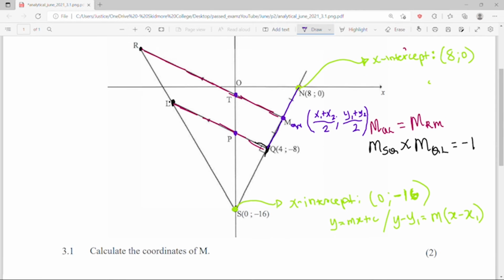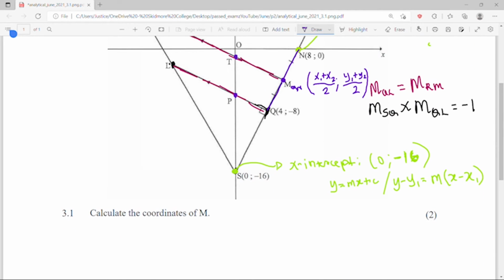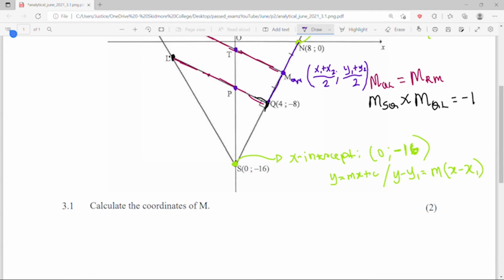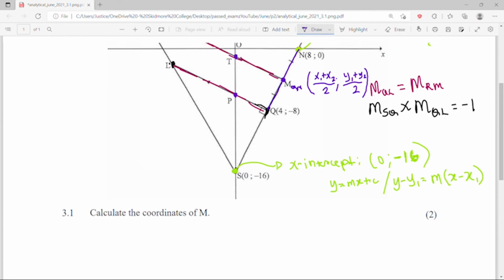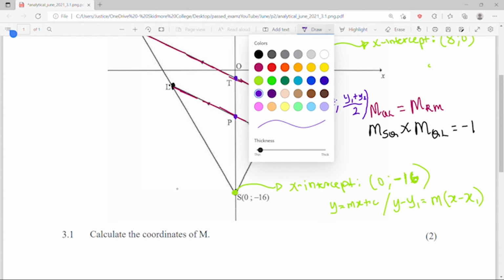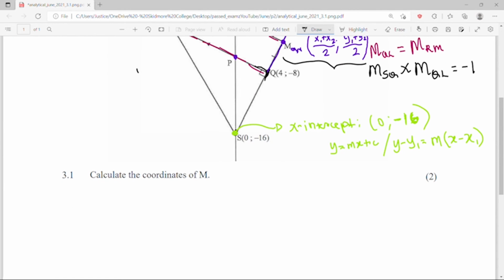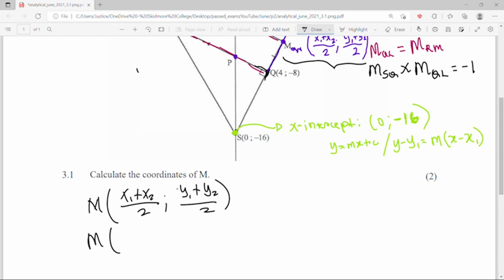And look at this. The first question is, calculate the coordinates of M. And what happens is, if you don't analyze this diagram, first thing you're going to ask yourself, what is M? You don't even know what M is, but we already figured it out. We know exactly what M is right here. So for 2 marks, we're just going to say, okay, you want M? M is ((x1 + x2)/2, (y1 + y2)/2).